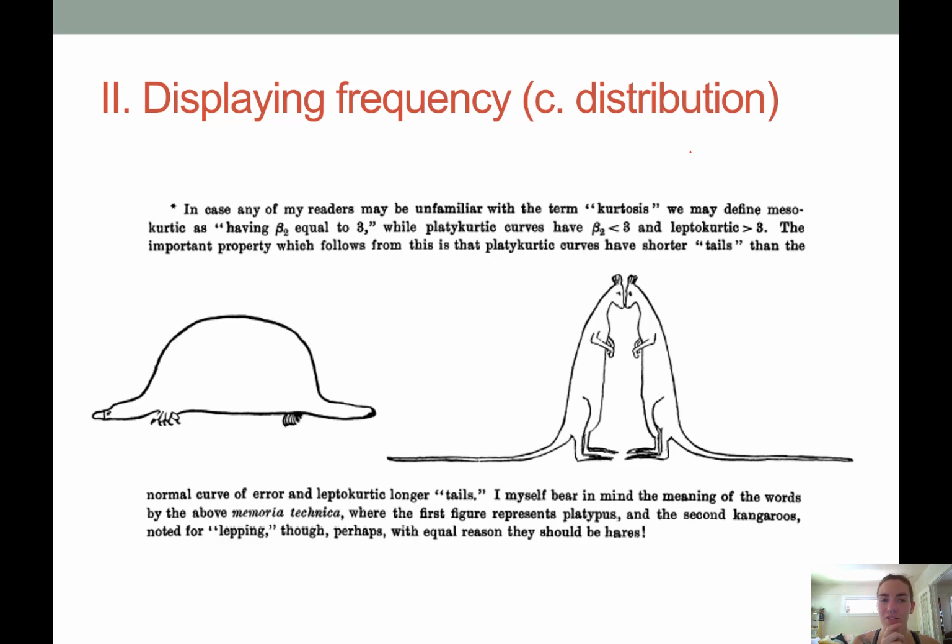And I just thought this was a cute way to remember it. This is an old article that I found that shows a platypus resembling the platykurtic distribution, and it shows these kangaroos who lep around, they hop around, resembling a leptokurtic distribution.